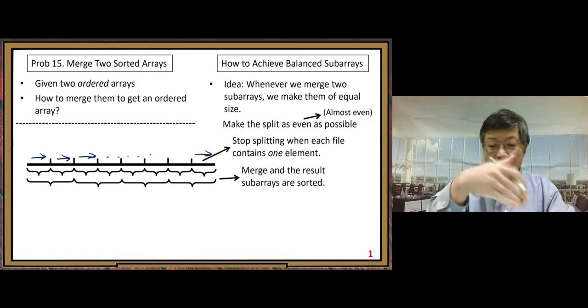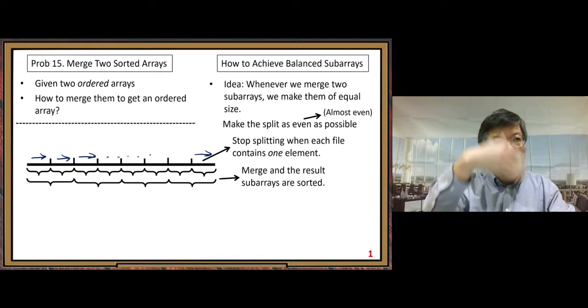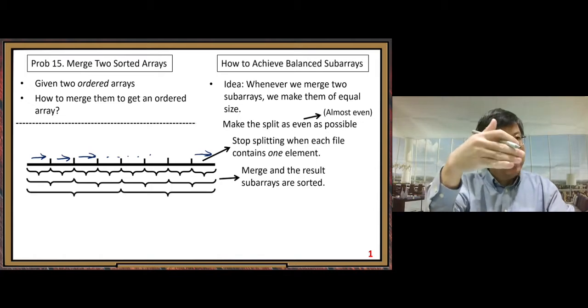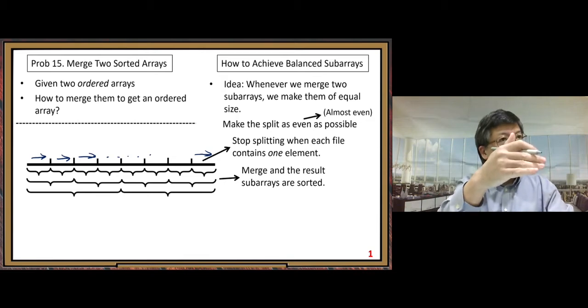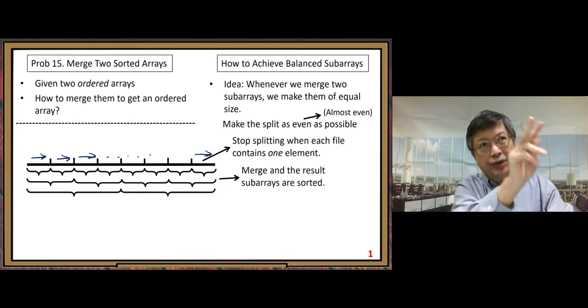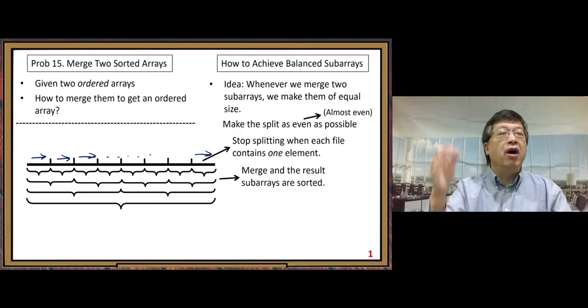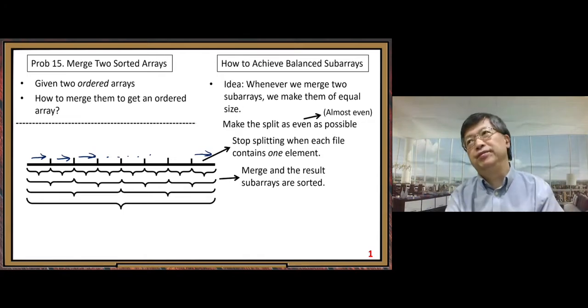Like this, round by round, each next round is sorted. The last one, when we merge the last two subarrays, we get the whole array sorted.